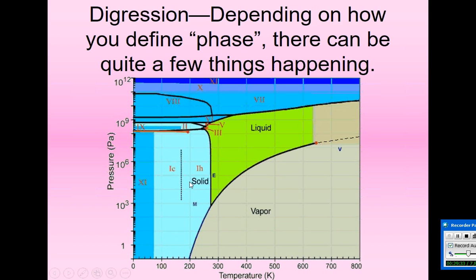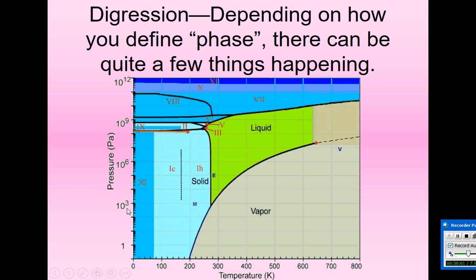We see ice I on the Earth, regular old, the ice that you get out of your freezer, the snow that falls from the sky. But under more extreme circumstances, again, like in outer space or in the interior of planets, where you can have lots of pressure and high temperature, you can get solid water that has decidedly different properties.